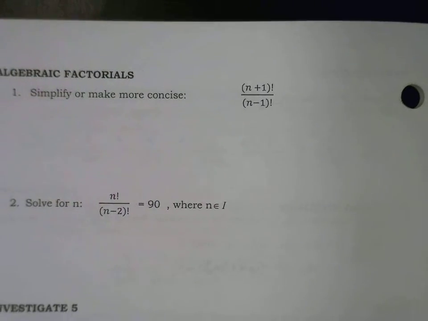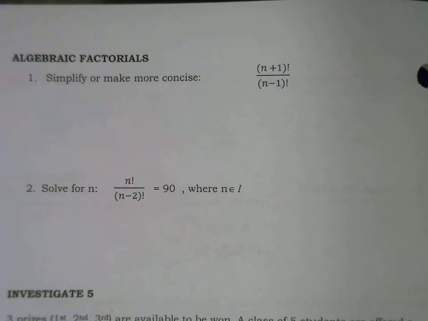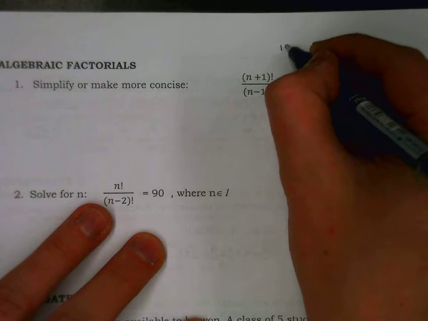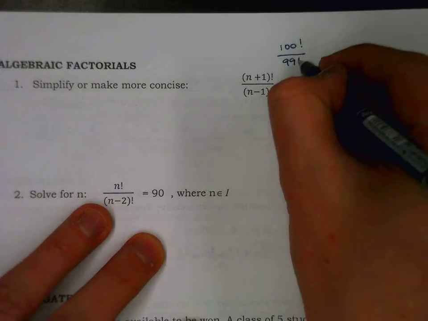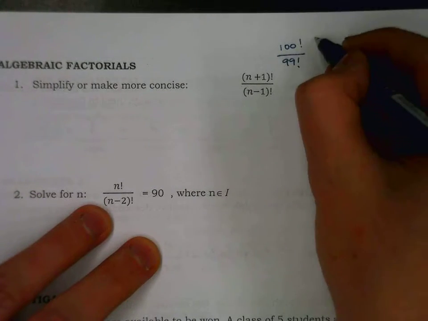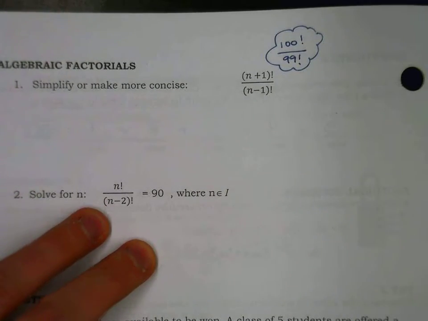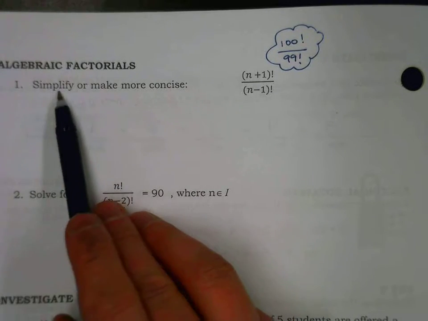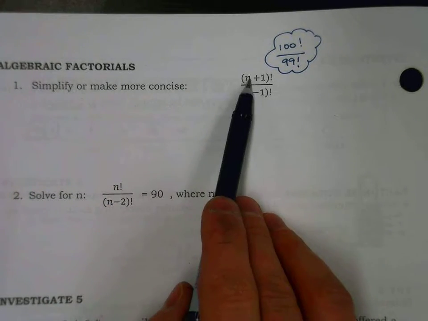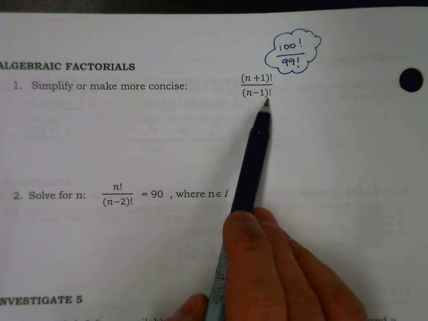So with a little bit of notation with variables out of the way, we're going to examine a little bit of canceling. Algebraic factorials could cancel just like the 100 factorial over the 99 factorial did, but it can be a little bit, we'll say, trickier. A question asks us to simplify or make more concise n plus 1 factorial over n minus 1 factorial.